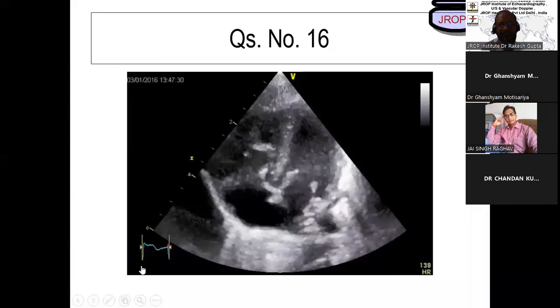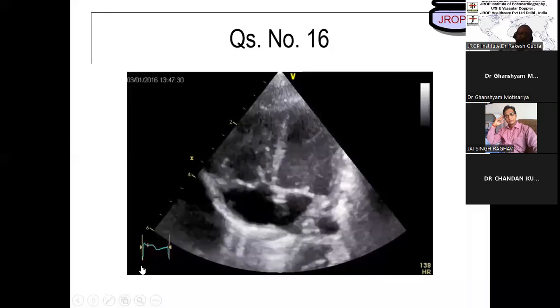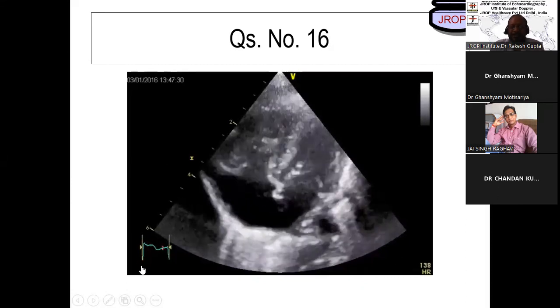Okay. Very specific finding in this patient as far as valves and other things are concerned. Tricuspid valve is apically placed. When normal, there's nothing more in these valves. Look at the thickness of these valves.